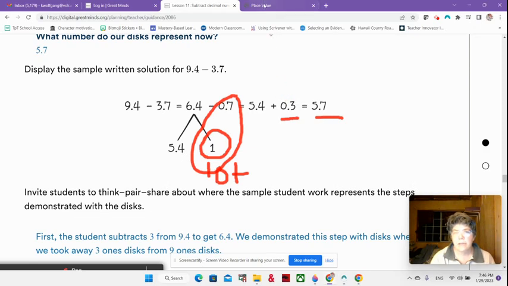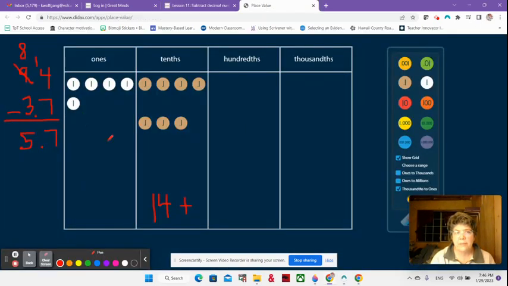It's the same thing that we did here. We had 6, we took 1, we changed it to 10/10. We subtracted 7/10, and then we had 3/10 left. And that got included in our 7/10 at the end.